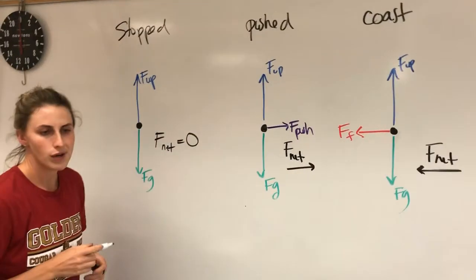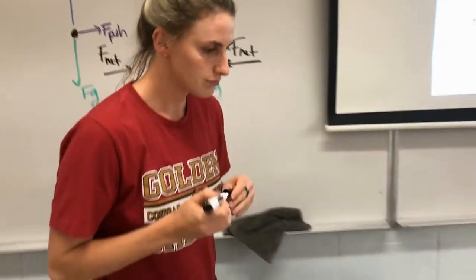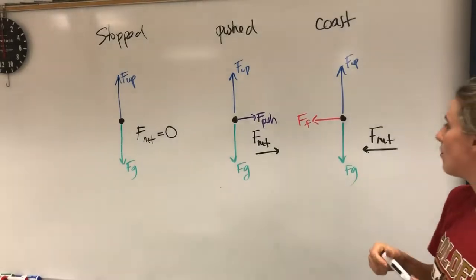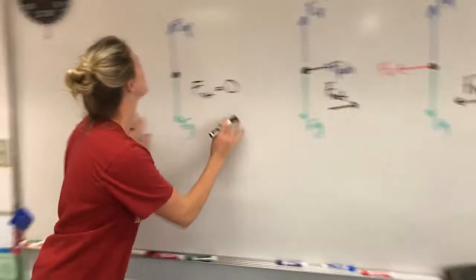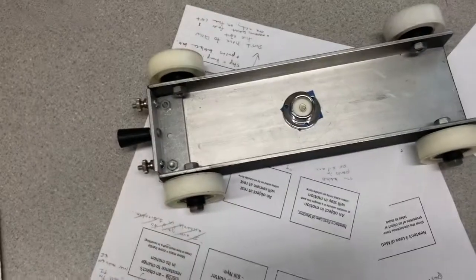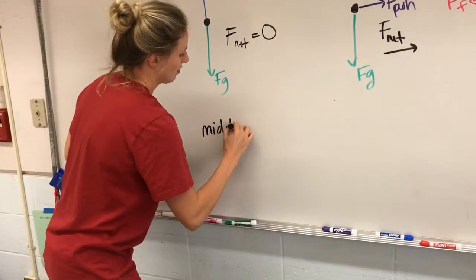Let's talk about the bubble. Where was the bubble at each step? Well, when it was stopped, it was just in the middle. The bubble's in the middle and it's just sitting there.